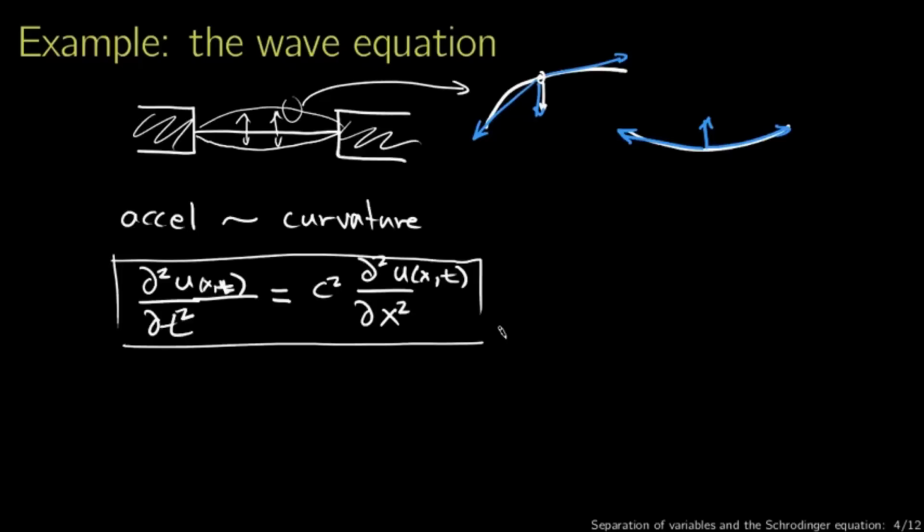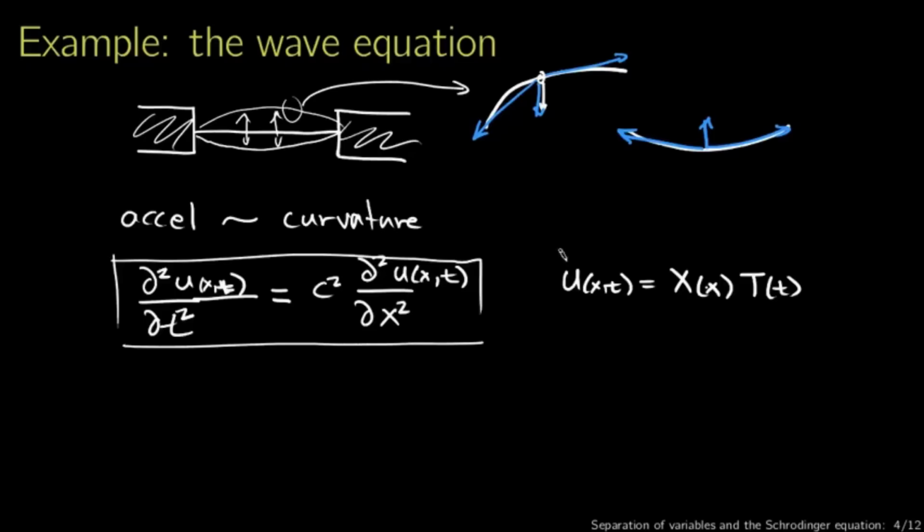But let's proceed with separation of variables. U, as a function of position and time, is going to be X, a function of position, and T, a function of time. So capital X and capital T are functions of a single variable each, and their product is what we're guessing will reproduce the behavior of u.